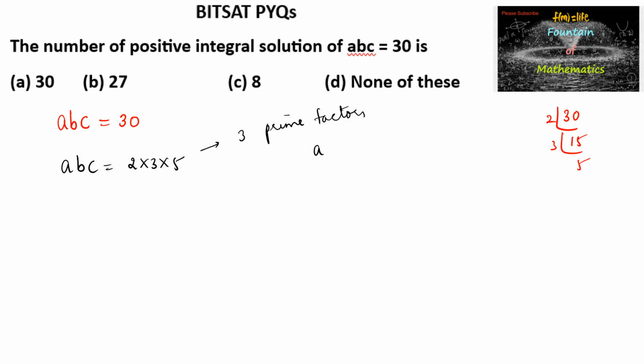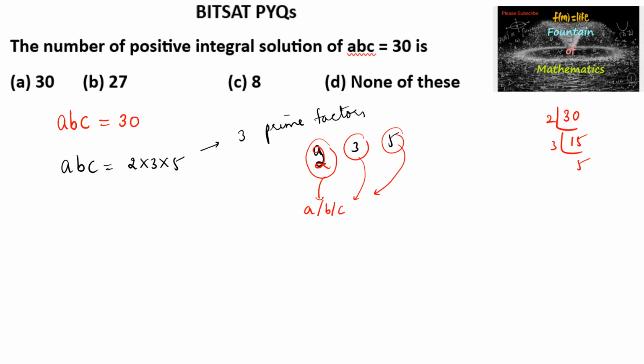So 2, 3 and 5: this 2 can be assigned to any of these letters A, B, C. Similarly 3 can also be assigned to any of ABC, and 5 can also be assigned to any of these 3. So each prime factor has 3 possibilities of assigning the letters.